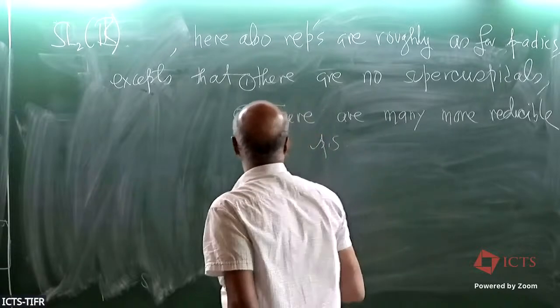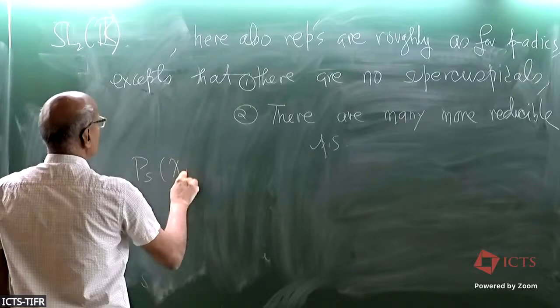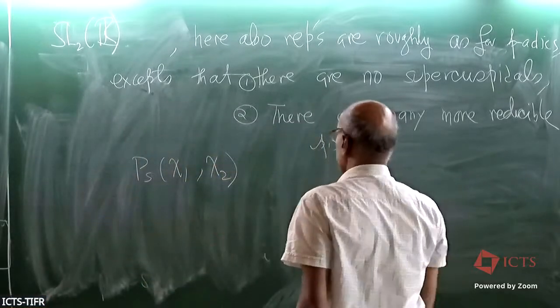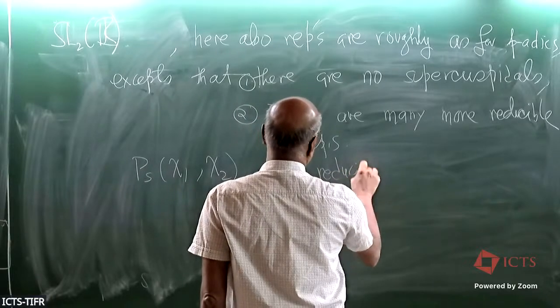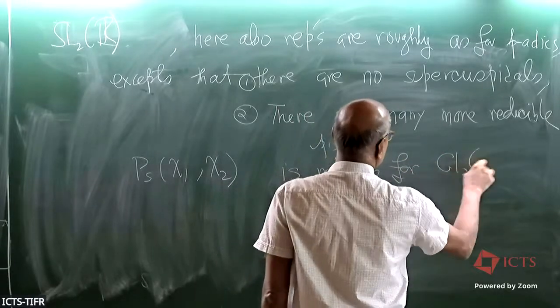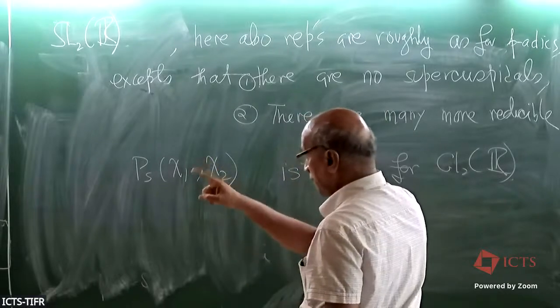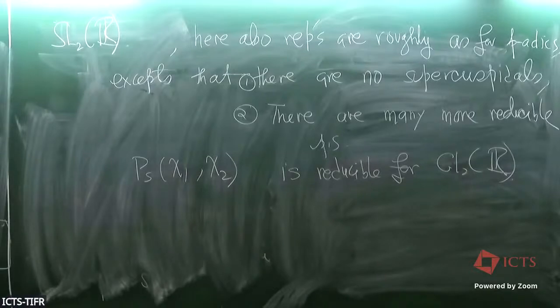And one says, in fact, that the principal series chi1, chi2, following that notation, is reducible for GL2R. For the case of GL2F, F p-adic, it was only chi1 upon chi2 is not equal to this.